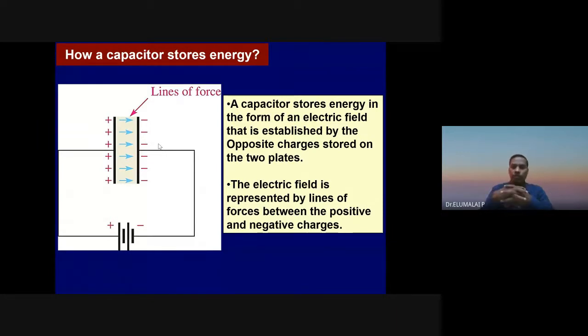This is natural. So this electrostatic force of attraction between the positive charges and the negative plates is the basis for storing charges or storing energy in such devices called capacitors.